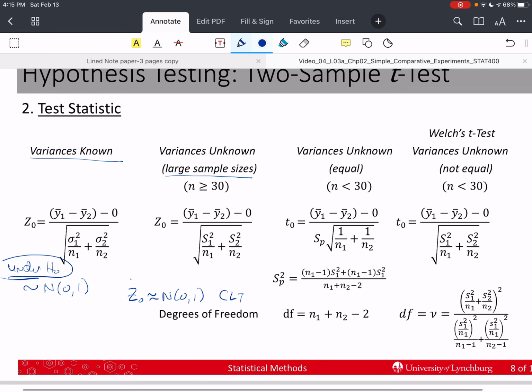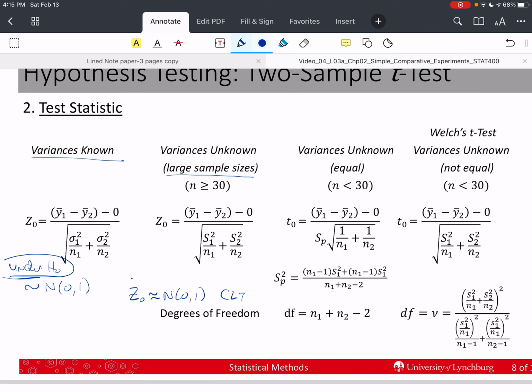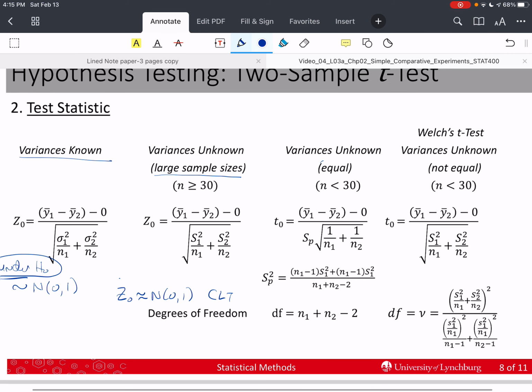And then if the variances are unknown but equal, I want to point out and stress that we have to test this. Later in this chapter, we will show how to do a formal test. You can't just say, oh, well, they're close enough, I'm just going to assume they're equal.